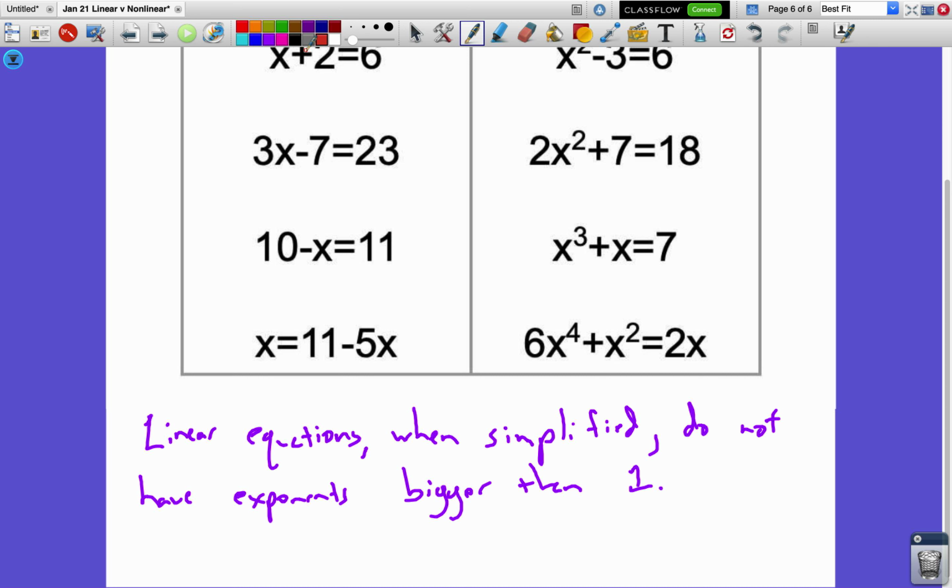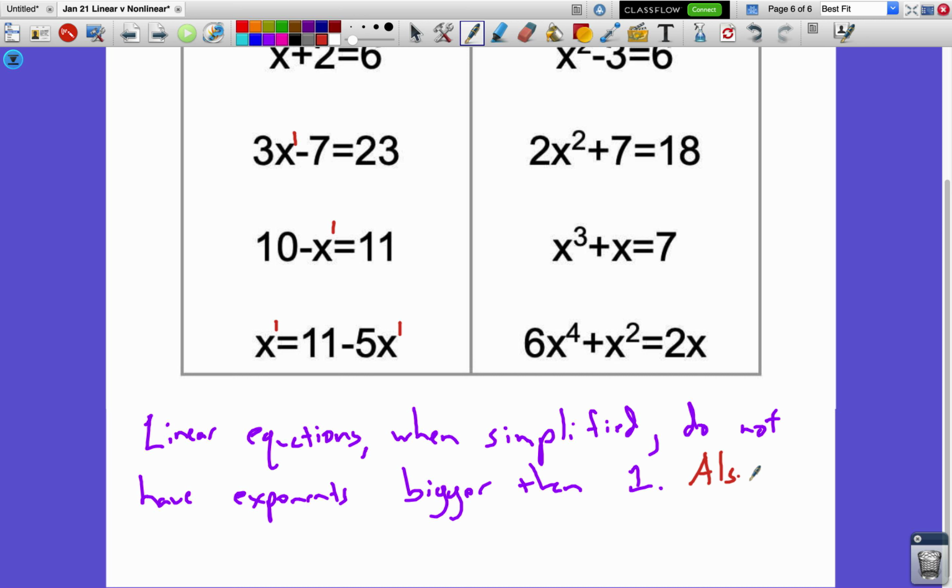All right, if we look at this, we don't see any exponents, but we could technically put a 1 above all of these x's, because when you just have an x by itself, there could be an invisible 1 up there that doesn't change anything. So linear equations, when simplified, do not have exponents bigger than 1. But really, they shouldn't show any exponents because when you simplify it, you'd get rid of that 1 if there wasn't 1 there.